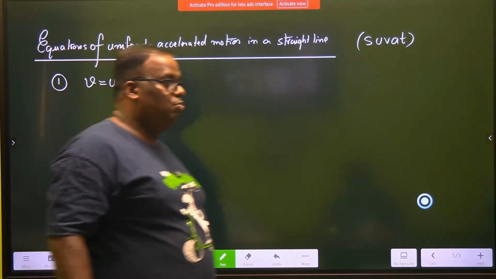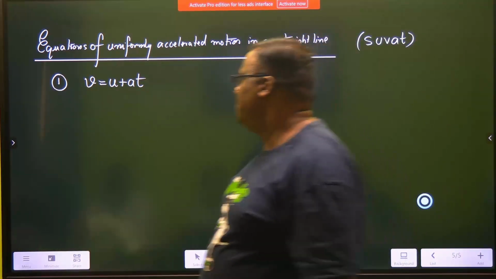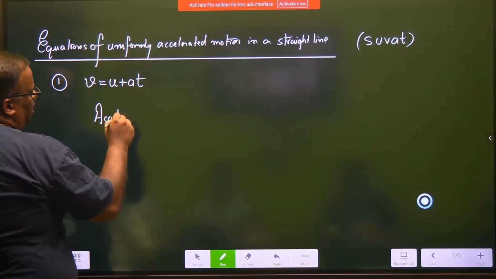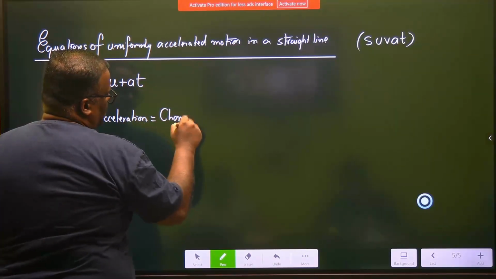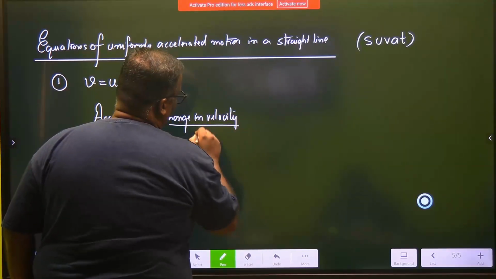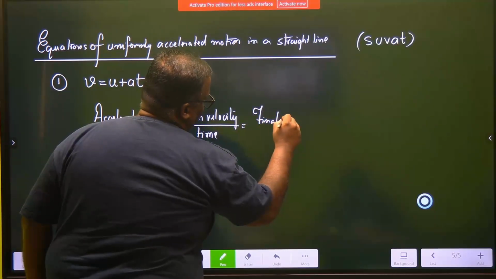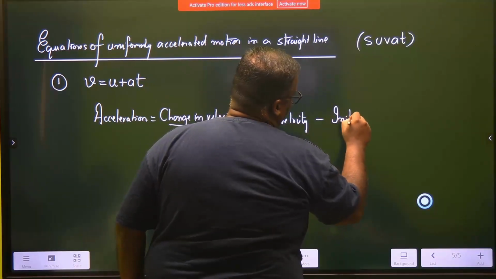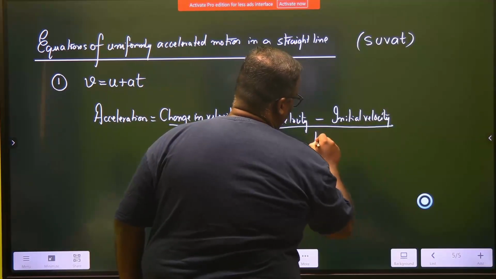You will also be asked to prove, derive rather, deductions of all these three equations. So we'll deduce the first one. The first one is very easy. We say acceleration is equal to change in velocity over time, which means final velocity minus initial velocity over time.